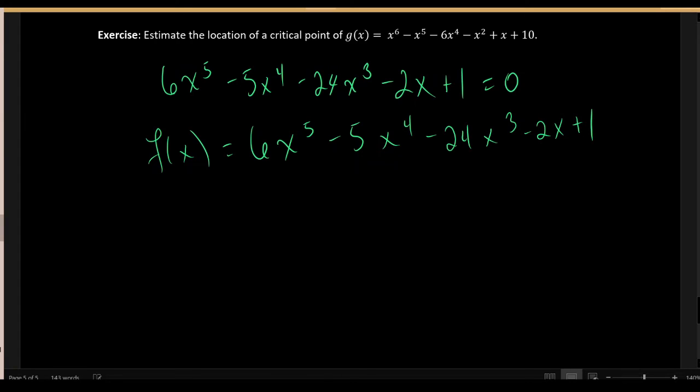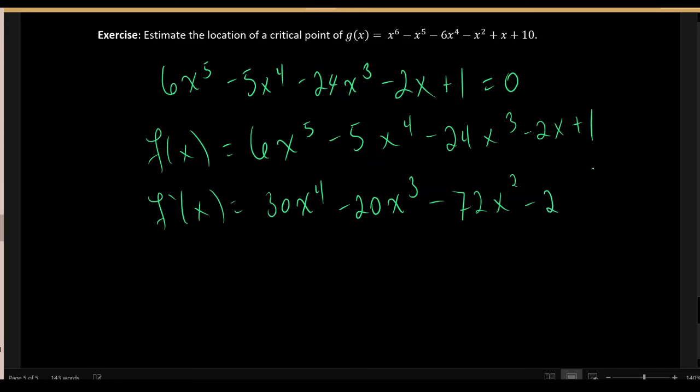The derivative of this function on the left side would be equal to 30x to the 4th power minus 20x to the 3rd power minus 72x squared minus 2.